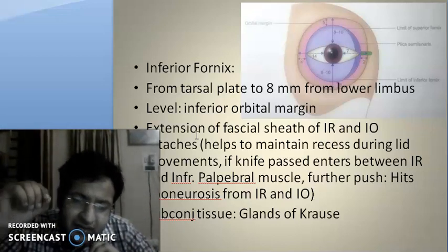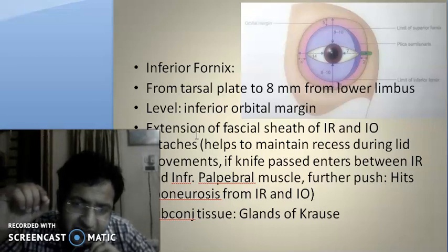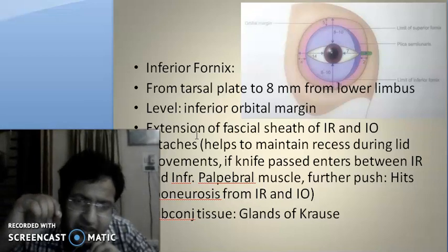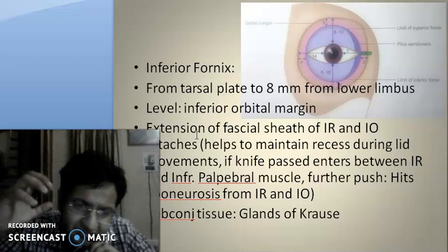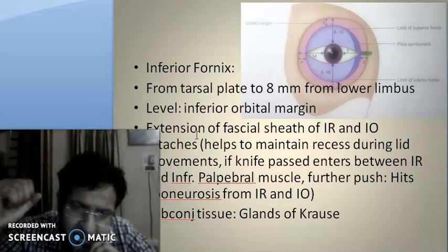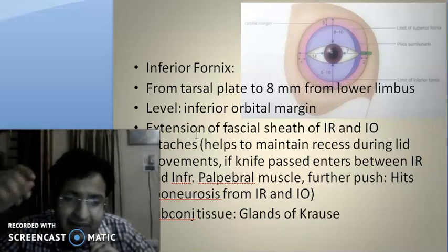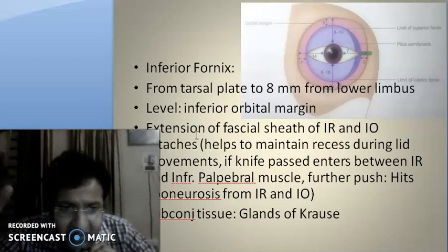Here also there is an extension of the facial sheath of the inferior rectus and inferior oblique which attaches to the inferior fornix, and this helps to maintain the inferior recess during the lower lid movements. And if the knife is passed through the inferior fornix, at what level does it enter?